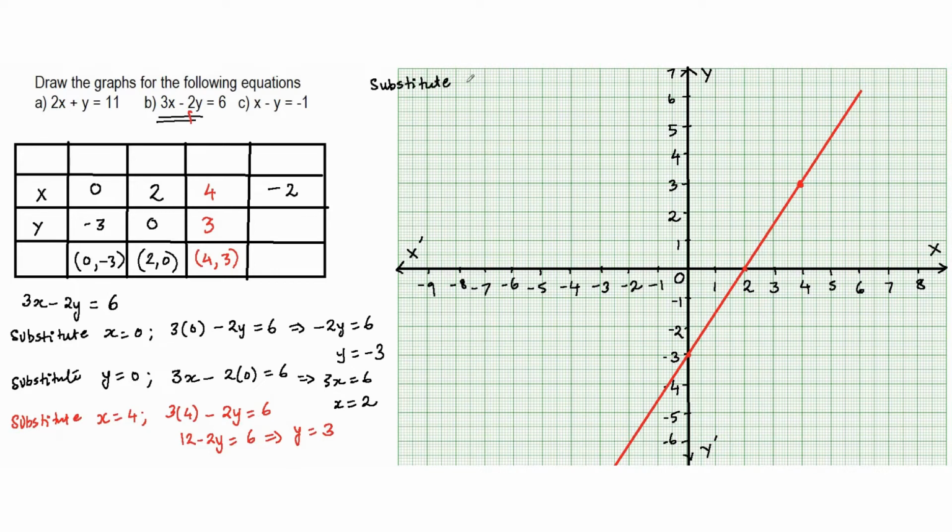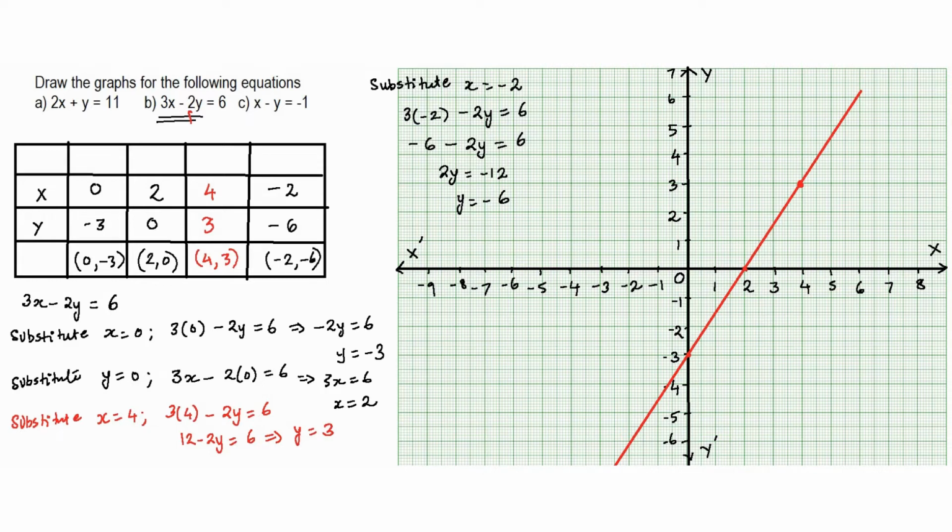We get 3 times -2 minus 2y is equal to 6, which means -6 minus 2y is equal to 6, and therefore 2y is -12, and therefore the value of y is -6. So when x is equal to -2, the value of y is -6, and hence the point is (-2, -6).